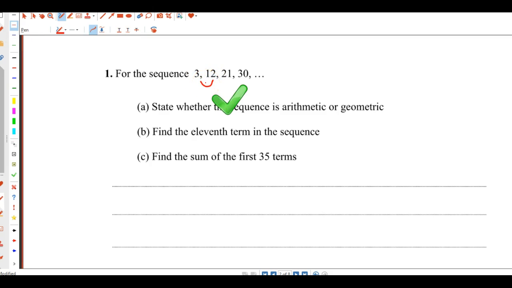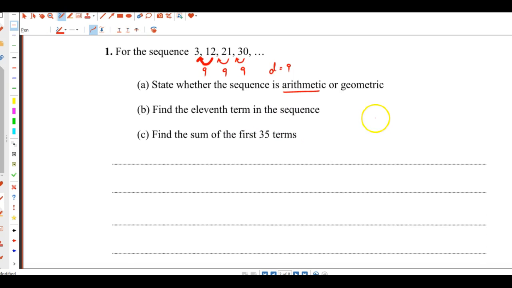Oh dear, what happened there? Get rid of that tick. Don't know what that's doing there. Okay, so we can see here that we've got a common difference of 9, so it's arithmetic. Find the 11th term in the sequence.